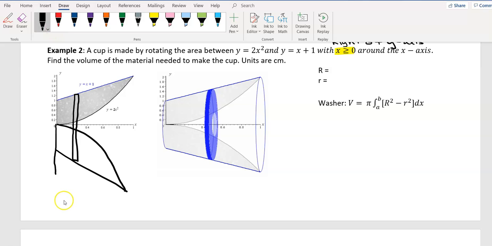And this slice is perpendicular to the axis of rotation. So I'm revolving this around the x-axis, and notice it is perpendicular. Also, this distance here, this dx here, is showing us that it is definitely going to be a washer because this area would be included.